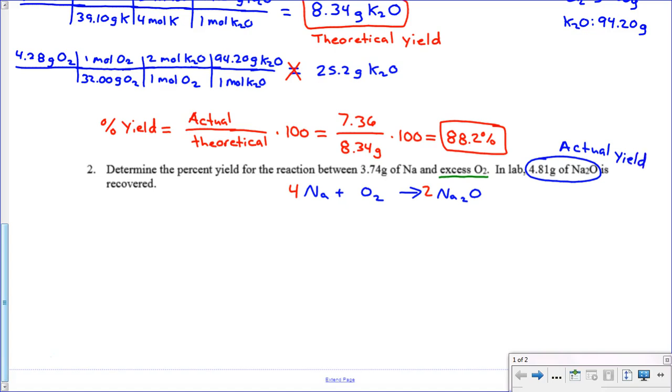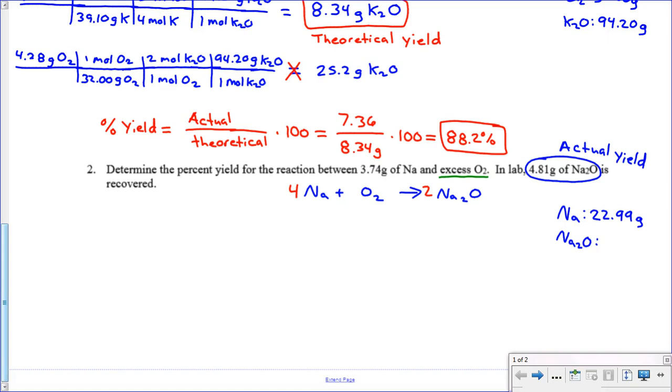So I'm going to go through and quickly do this conversion problem. Again, we need a couple molar masses on this one. I need the mass of Na because I have to go from grams to moles for that. So that's 22.99. I don't actually need the mass for O2 because I'm not using that reactant in this one, but I do need to know the mass of Na2O.